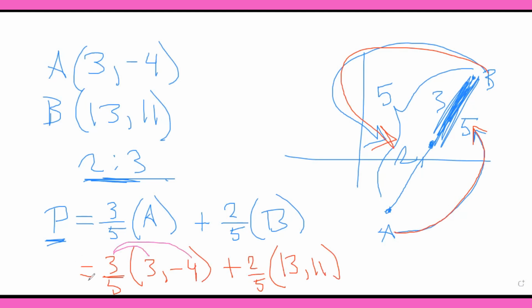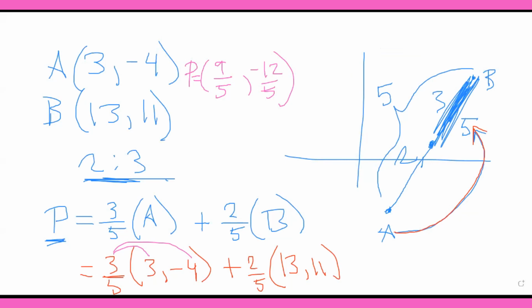So the first part, if I just multiply fractions, and this is point P, would be 9/5, comma, -12/5. I'm going to erase this to give ourselves a little bit more room. And we are adding, now if I do the math, 2/5 times each of these numbers.